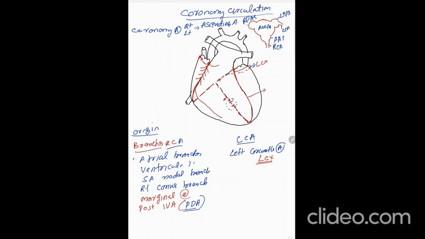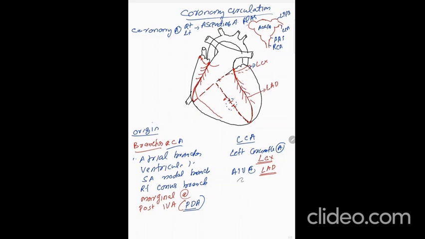what is the name of this artery? Anterior interventricular artery, or it is known as the left anterior descending artery. So in clinical terms, it is denoted as LAD. This is the LAD, left anterior interventricular artery. Then what are the branches? It has so many branches to the right ventricle and branches to the left ventricle.